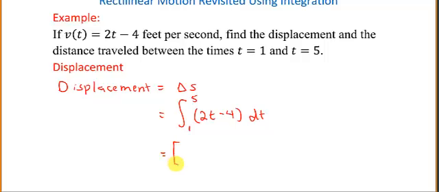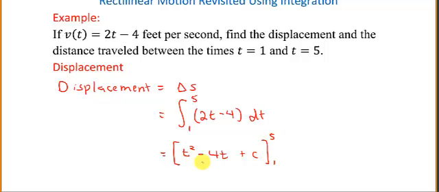First thing, we'd have to calculate an antiderivative, so we'll have 2t squared over 2, which is just t squared minus 4t. And I'll temporarily add on a constant of integration. This would be the position function for some c. But I'll evaluate that from 1 to 5.